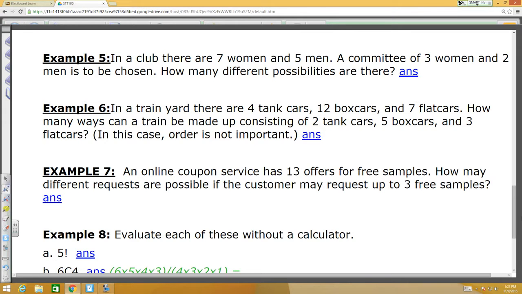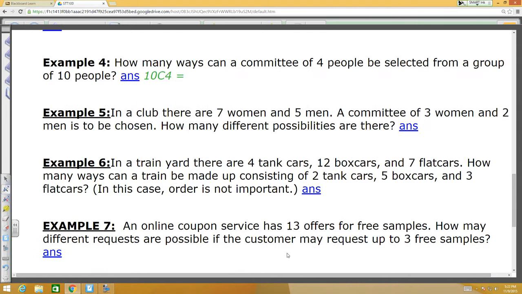How many ways can we select the 3 women step by step? 7P3. Why did you choose P? We just had a committee example before with C. So why are you using P now? Still a committee. So it is 7C3, and 5C2. The 3 women will come from 7.